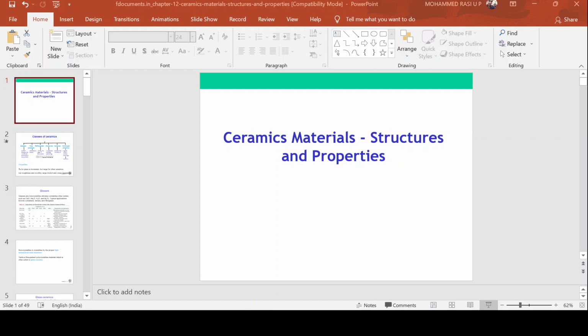Here you can see the ratio of the radius of the cation to the radius of the anion on the left hand side. On the right hand side the coordination number is given, and the different types of arrangement, that is linear, triangular, tetrahedral, octahedral, and cubic, are specified. In each case the radius ratio for the particular structure is mentioned.